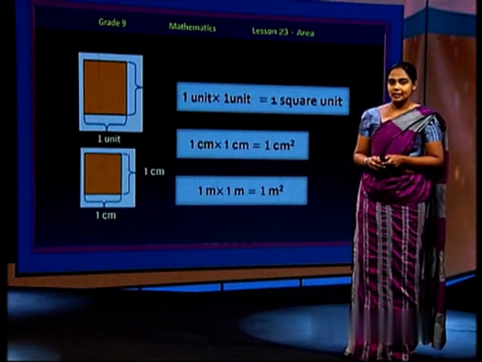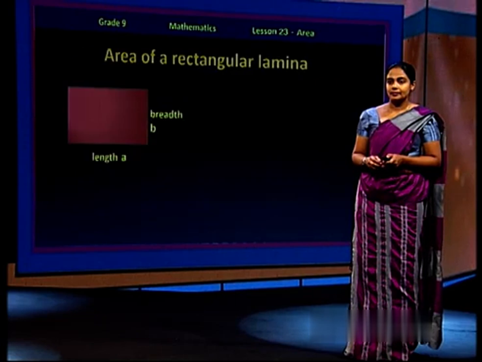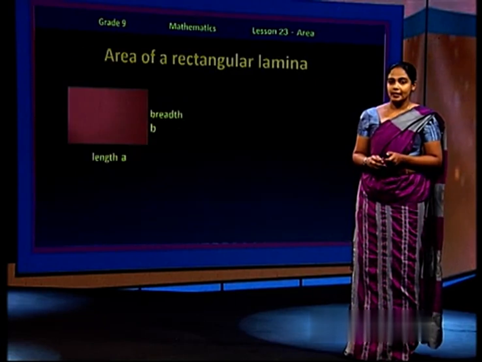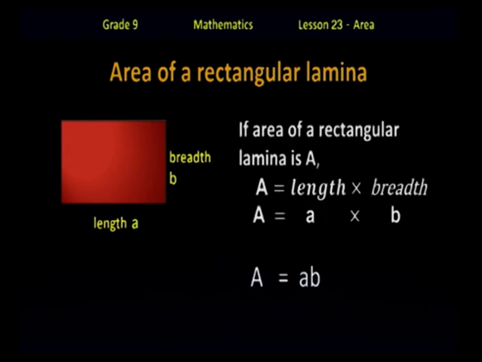Dear students, let's recall your knowledge on area. Area of a rectangular lamina. How can we find it? The length and breadth are multiplied. Here length is a, breadth is b. If area is capital A, we can give the letter capital A for area.